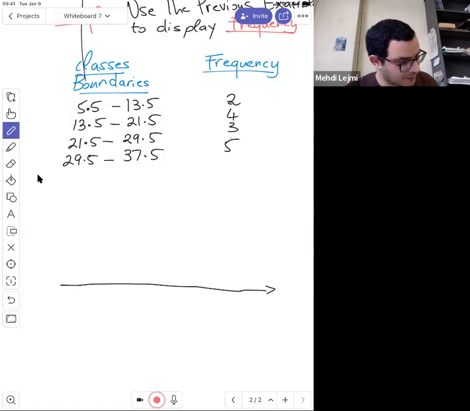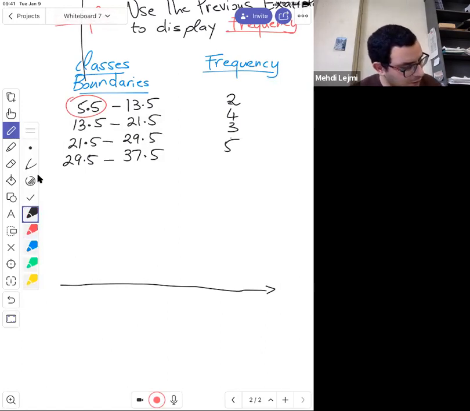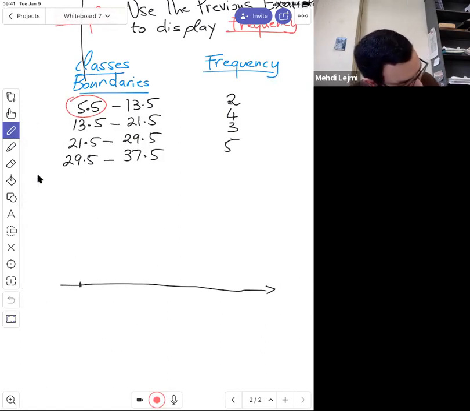For the first class, the boundaries are 5.5 to 13.5, so I'm going to plot 5.5 here, to 13.5.